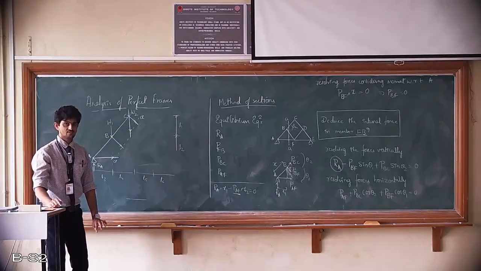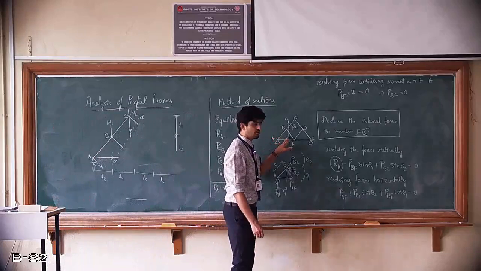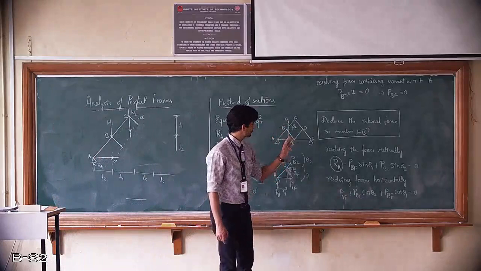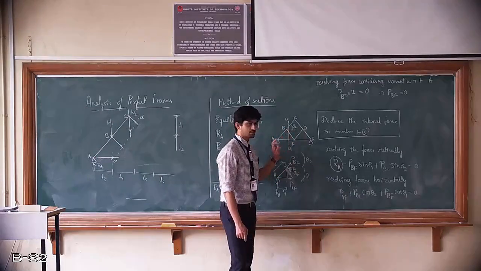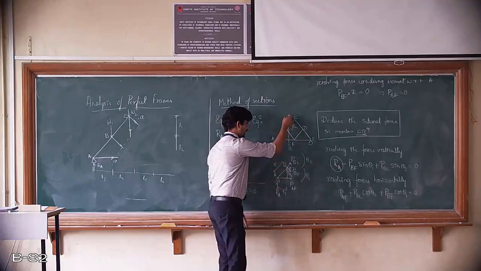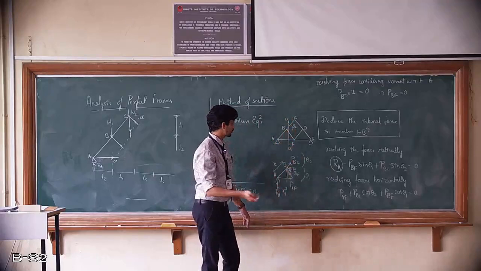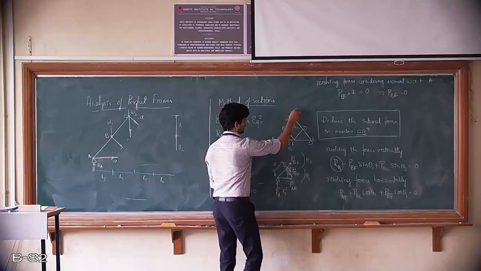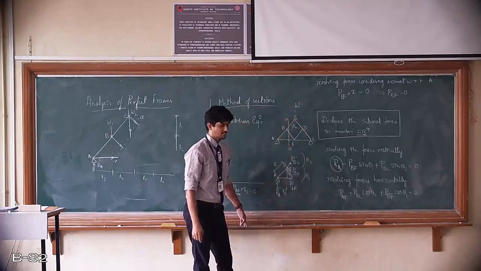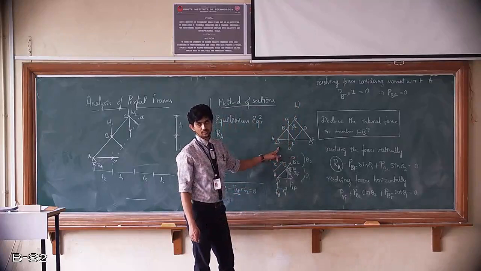Now what is the constraint here? The constraint is, choose a section which can cut only 3 members, not more. Also, either there has to be an external load acting, in this particular case W, or a reaction force, which is external, has to be there.